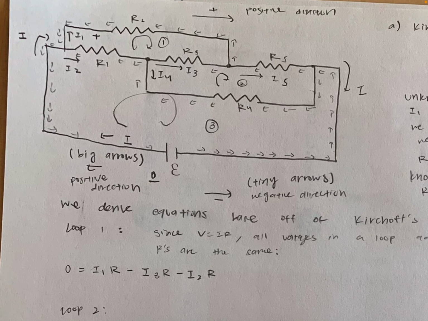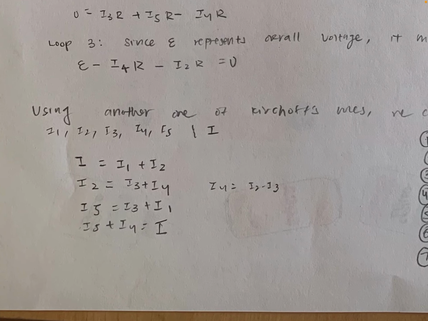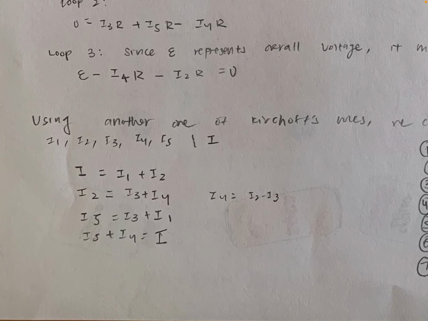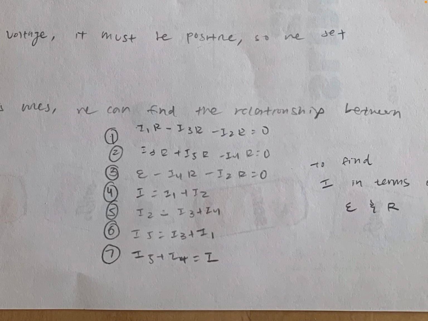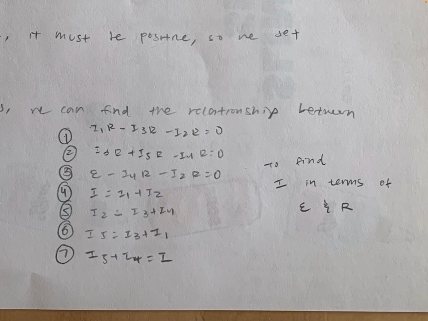And I4 travels all the way back up, and you could see I4 plus I5 is equal to overall I. Another equation you could get is that I1 travels down, I1 plus I3 is equal to I5. So that's how you get these 4 equations. Overall, I'm going to label them 1, 2, 3, 4, 5, 6, 7 to explain the very complicated calculations later on. So here they are labeled.